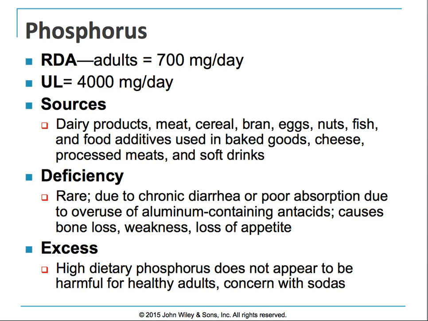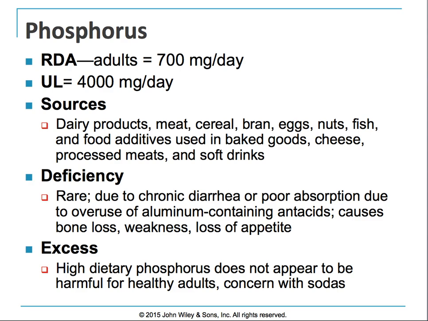The RDA for adults for phosphorus is about 700 milligrams per day, and the UL is way beyond that, 4,000 milligrams per day. Sources of phosphorus include dairy products, meat, cereal, bran, eggs, nuts, fish, and food additives used in baking goods, cheese, processed meats, and soft drinks.